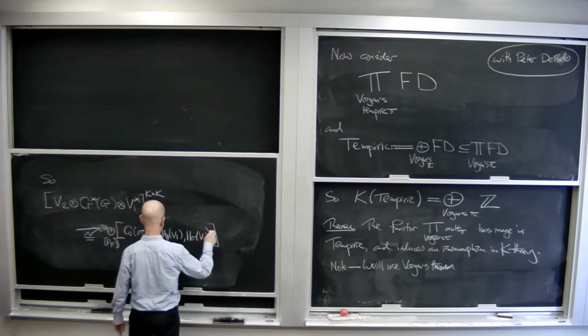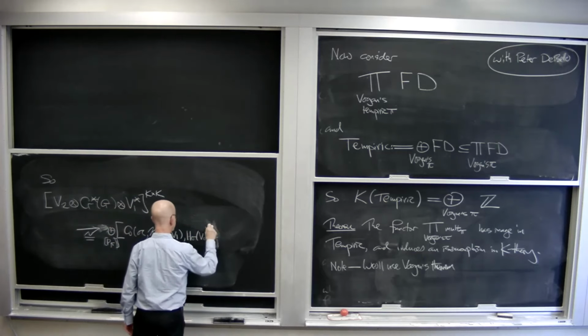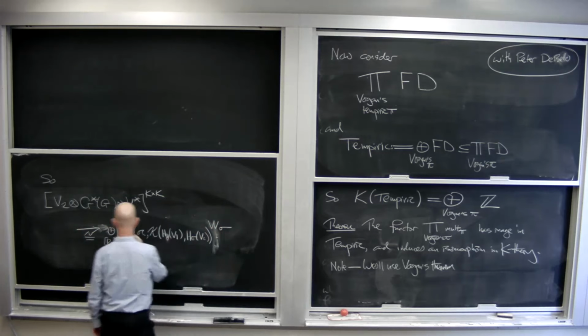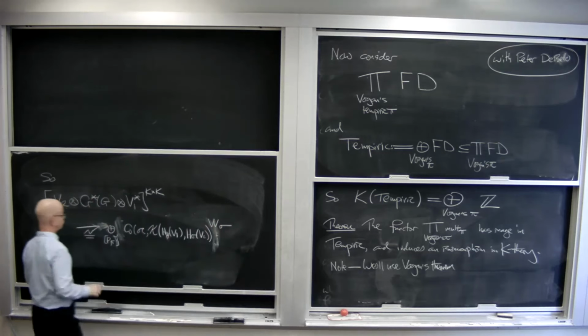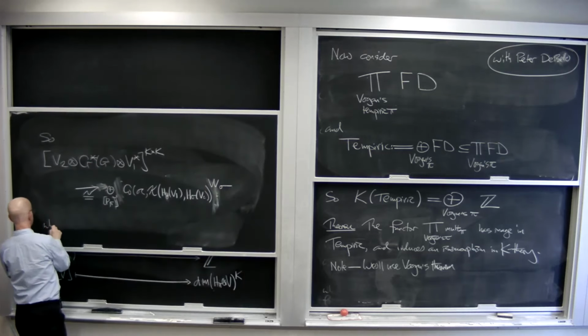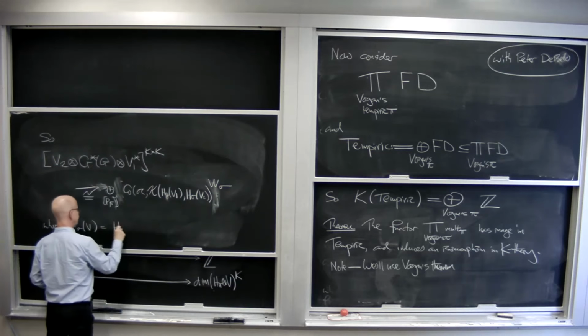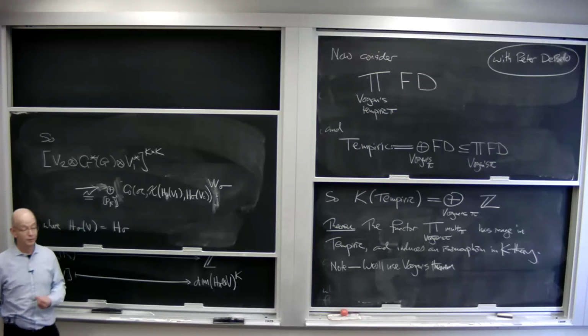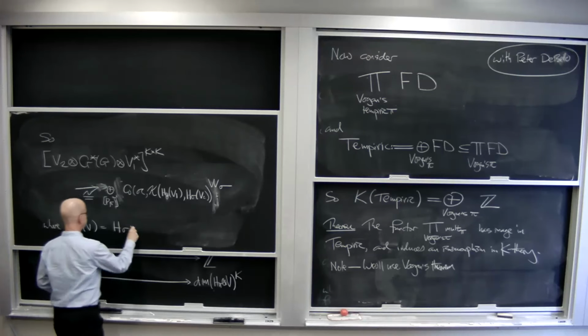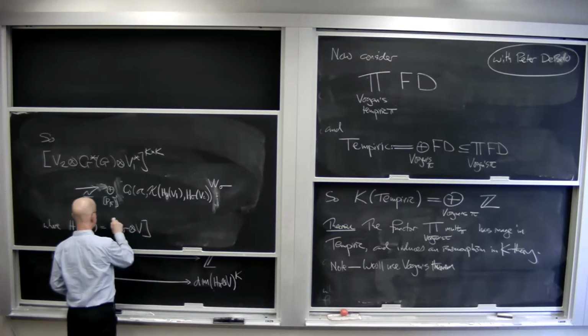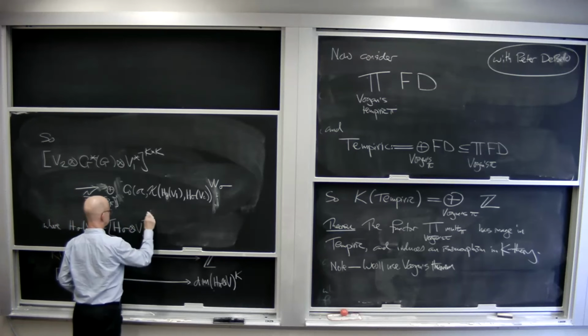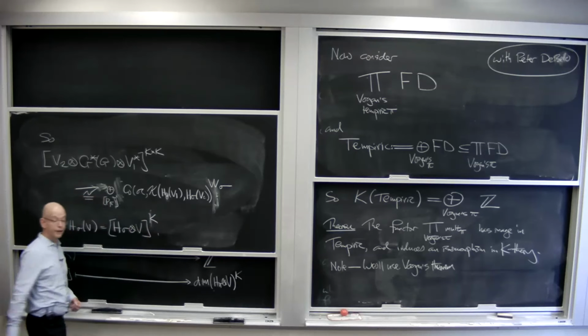Oh, I forgot, we still have to do one more thing, which is the W sigmas. So this H_sigma of V just means you take H_sigma, I forgot to say, this is a representation of G, and you look at its isotypical space. It's a finite dimensional space.